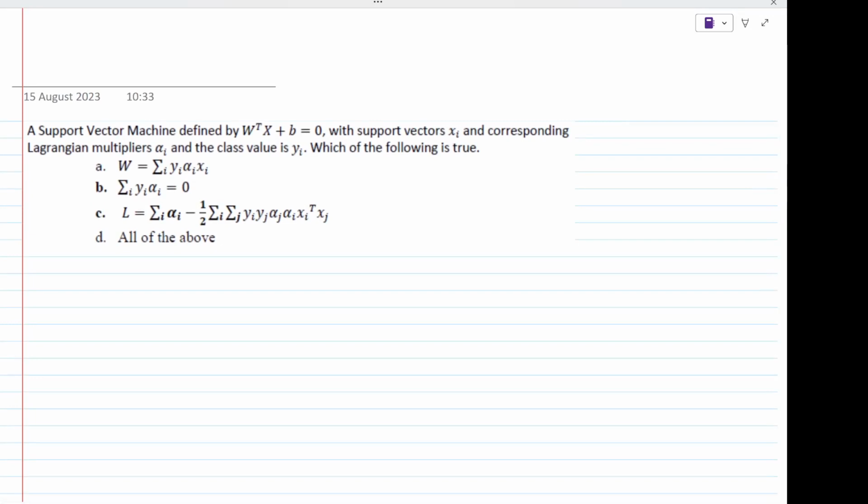Here it is given a support vector machine defined by W transpose X plus B equal to 0 with support vectors xi and corresponding Lagrangian multipliers alpha i, and the class value is yi. Which of the following is true? The Lagrangian multipliers are given, the class value is given, and these are the support vectors.